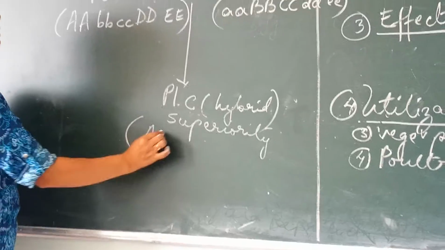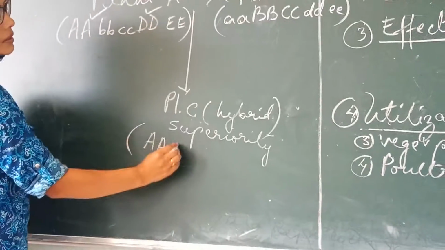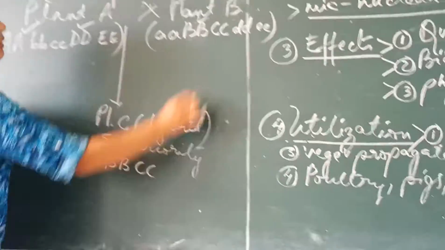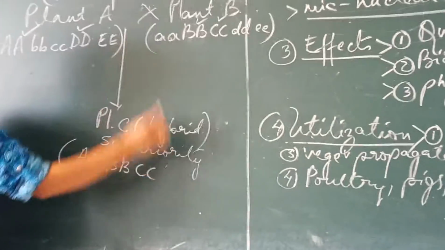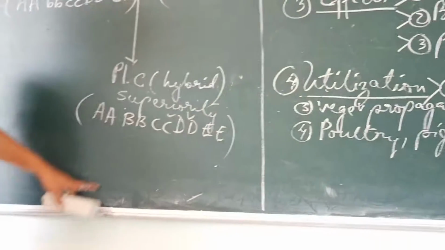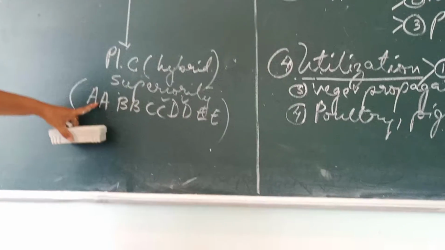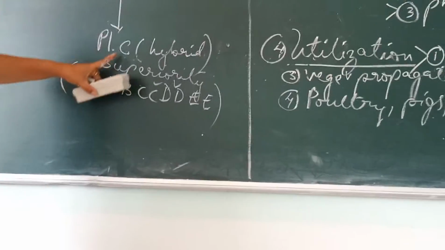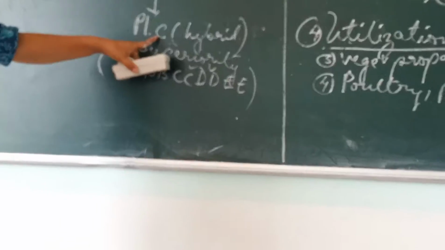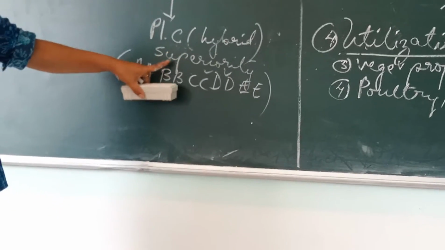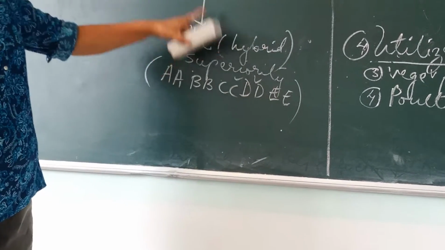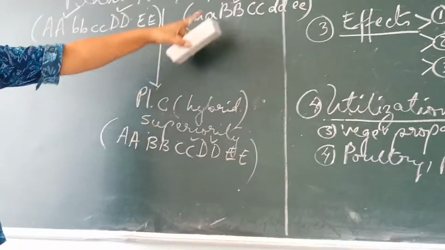So it will get this gene, this gene, this and this. So it is getting all the dominant genes. When it is getting all the dominant genes, then this plant is said to be in a favorable condition. And this plant will exhibit superiority.